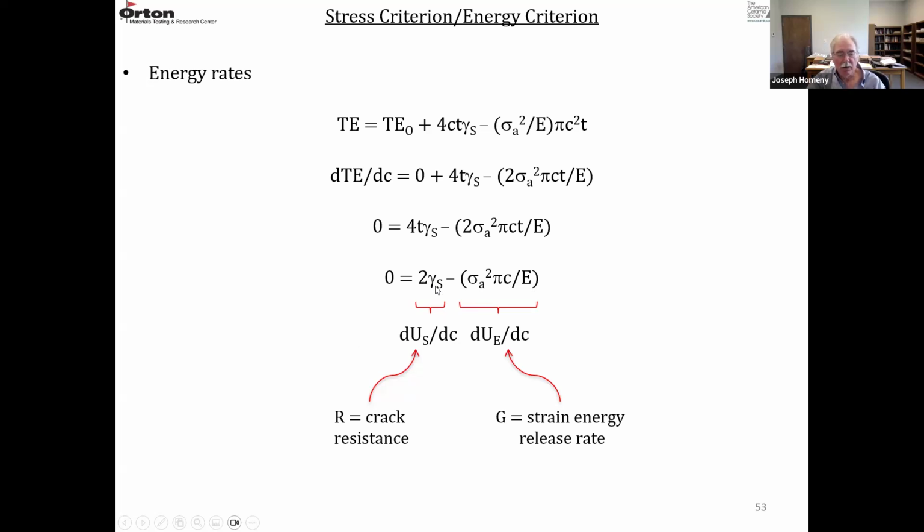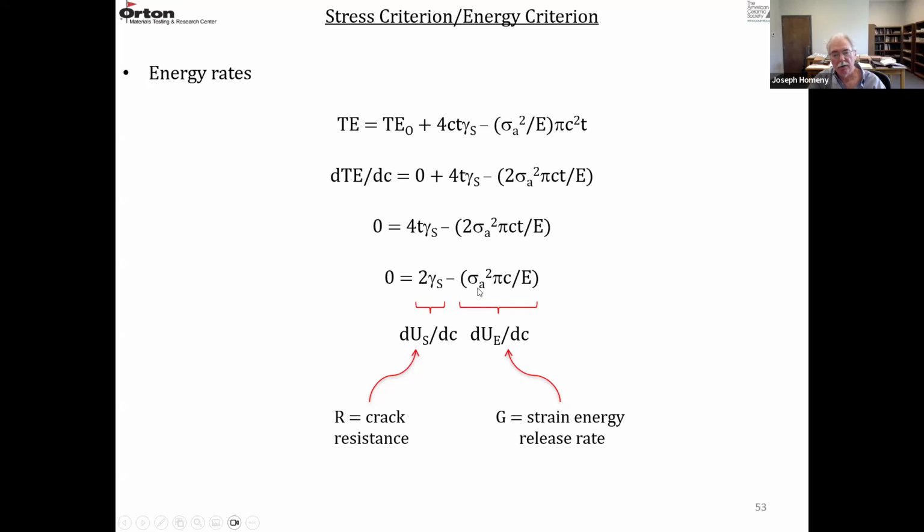This term, 2γS, is known as R, the crack resistance. This is what's used in the rising R curve equation. So the derivative of the fracture surface energy with respect to the crack length is the crack resistance R. The derivative of the strain energy with respect to the crack length is G, the strain energy release rate.